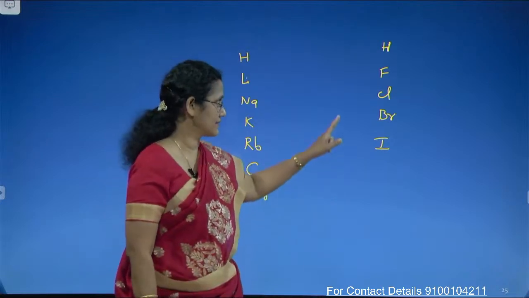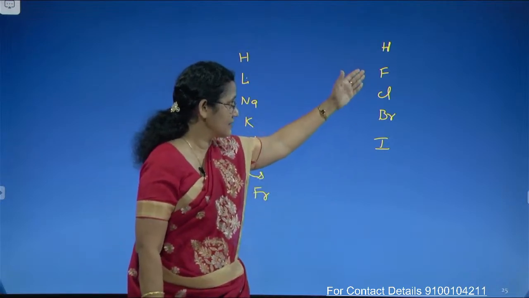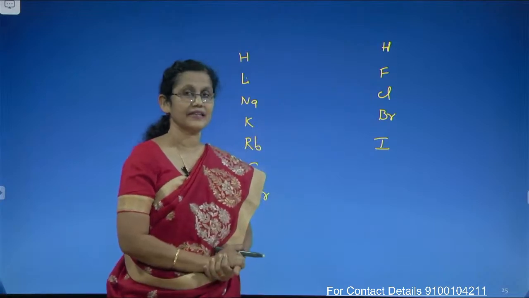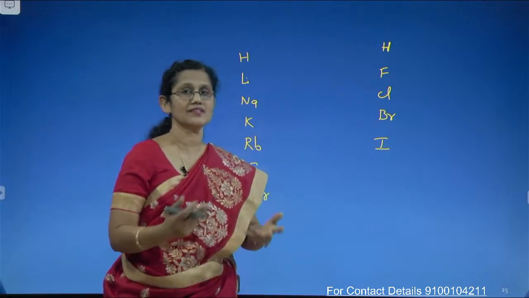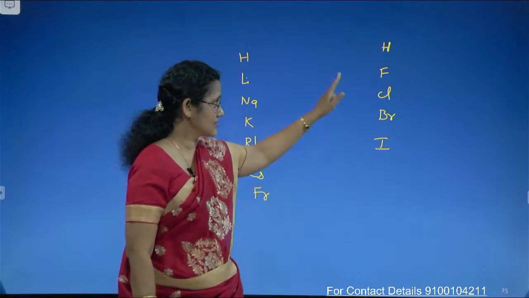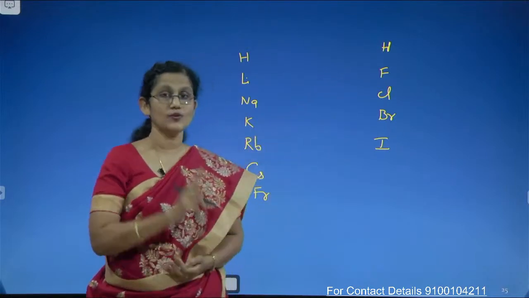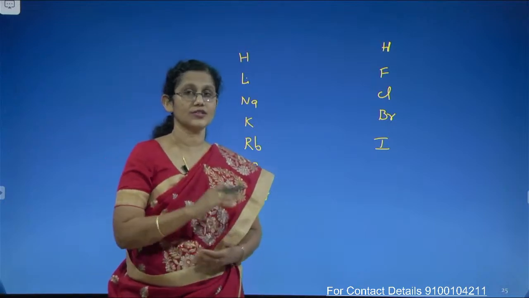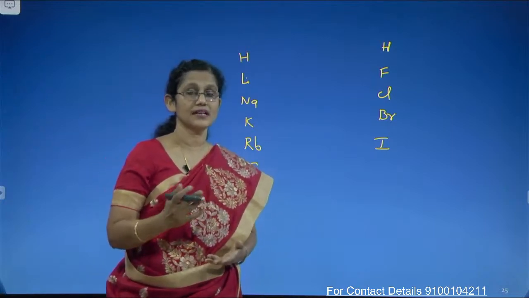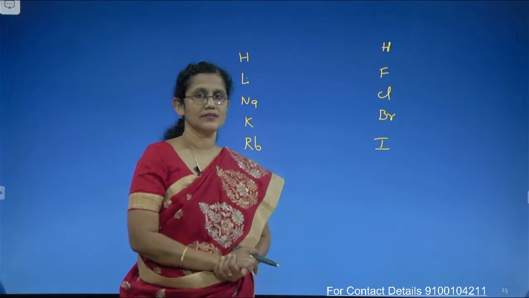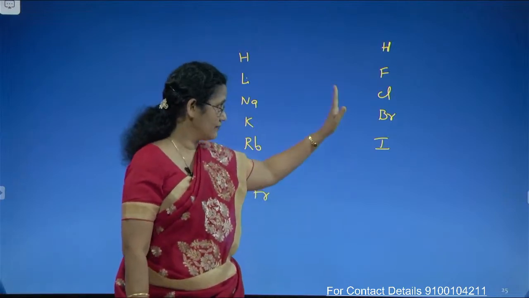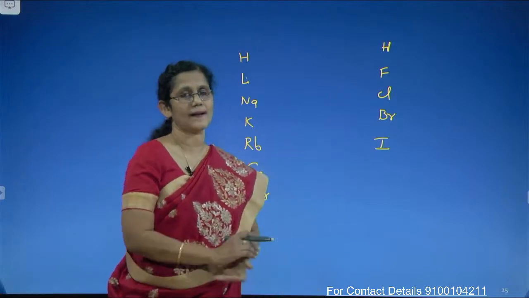For example, hydrogen is gas like fluorine and chlorine. It resembles fluorine and chlorine because it is gas. Hydrogen is diatomic like halogens. 2 atoms in one hydrogen molecule, H2, like F2, Cl2, Br2. So, hydrogen is diatomic like halogens.